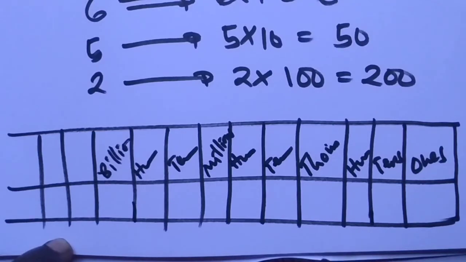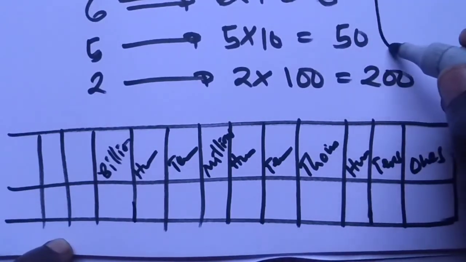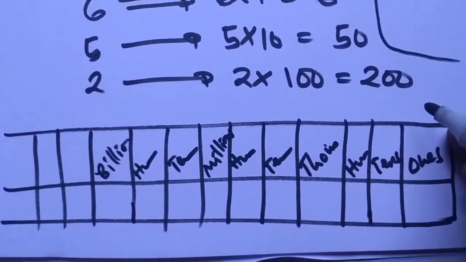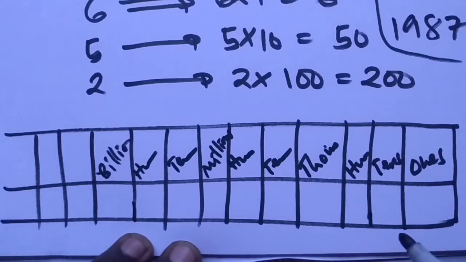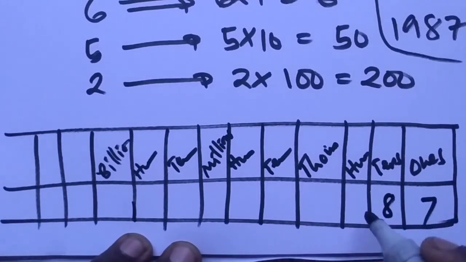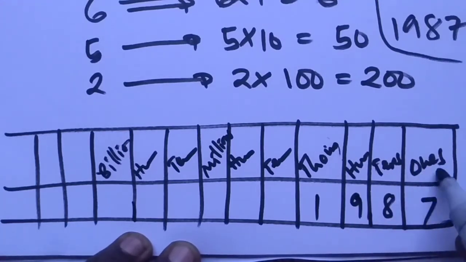So for any number, labda tukipewa namba kama 256, or let's say we are given the number 1987. So putting this in place value, maana yake utaweka 7 hapa, 8 hapa, 9 hapa, 1 hapa. Kwa hiyo tayari moja iko kwenye thousands, 9 iko kwenye hundreds, 8 iko kwenye tens, 7 iko kwenye ones.